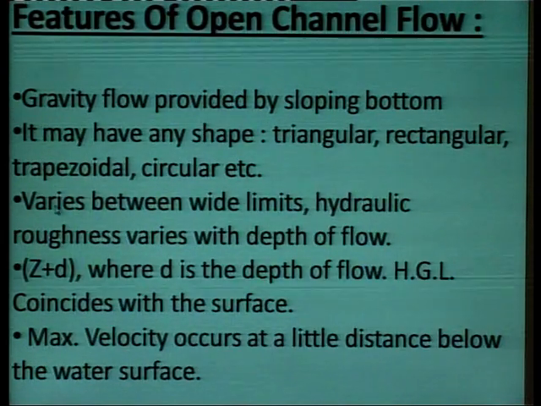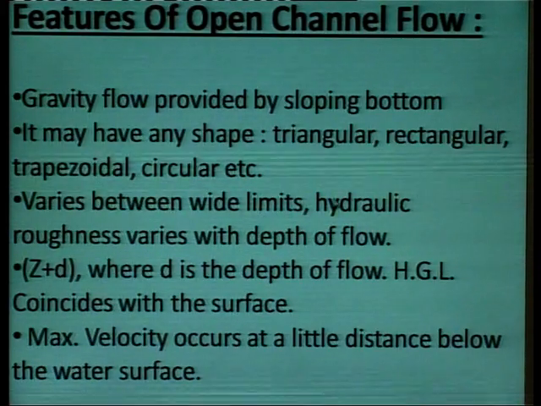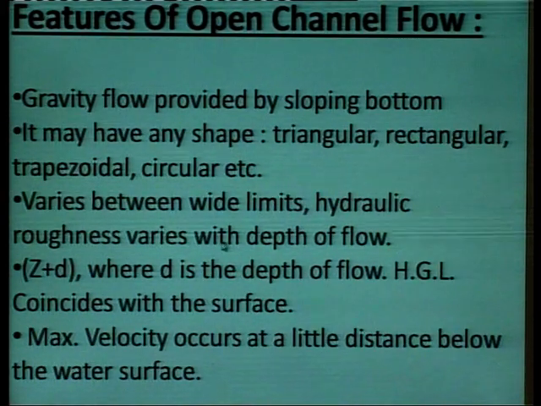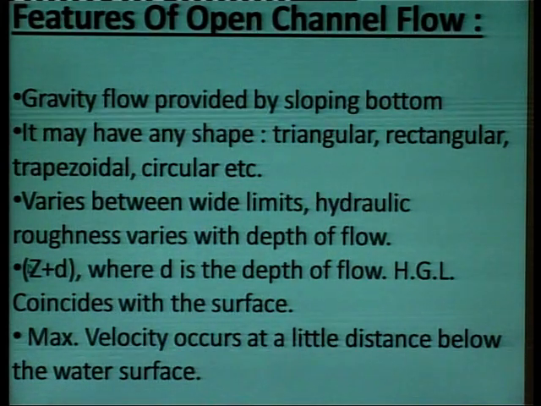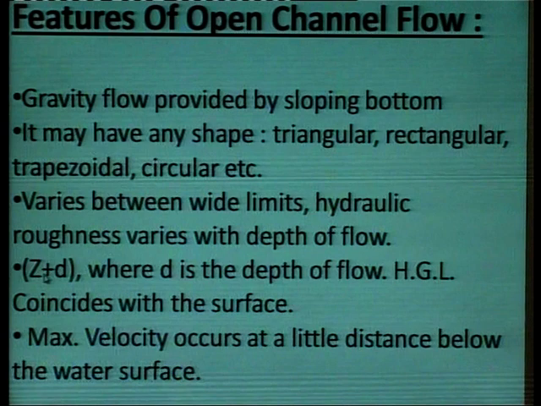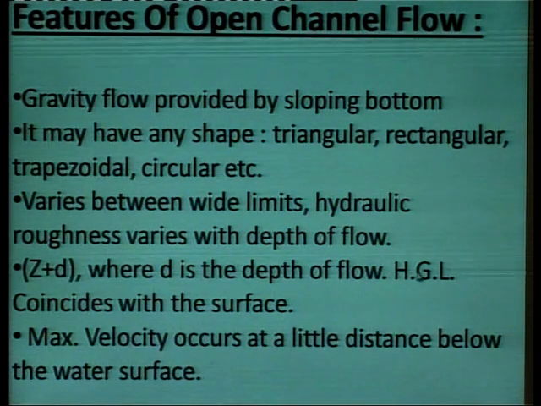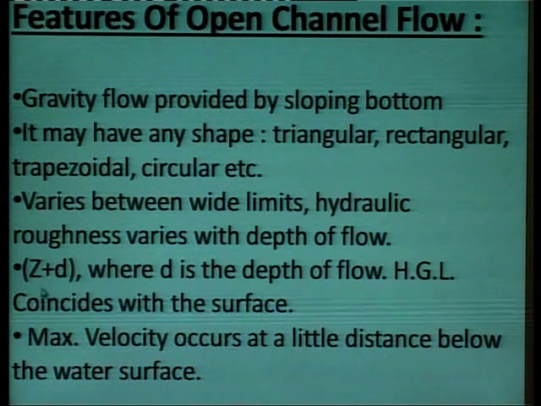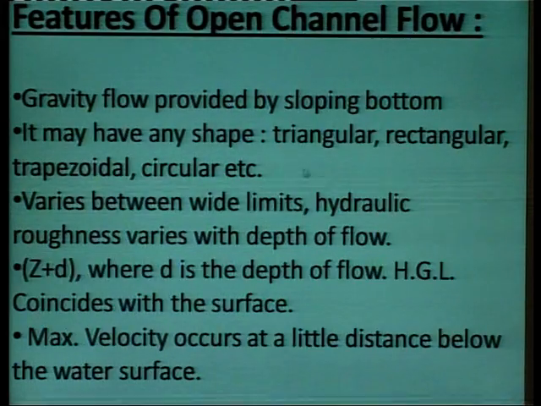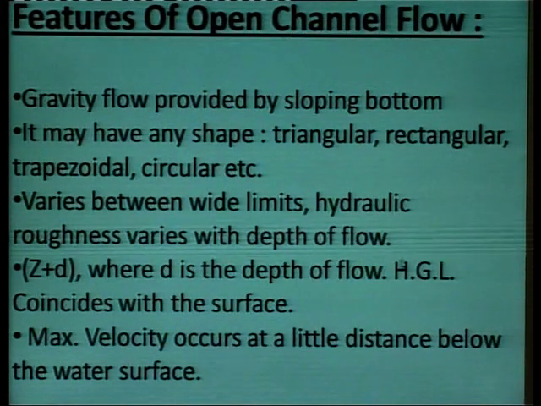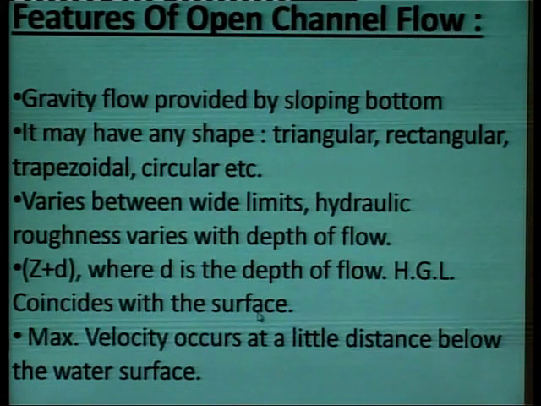The third one is that roughness varies between wide limits. The hydraulic roughness varies with the depth of the flow. And the next one is the datum Z plus D, where D is the depth of the flow, and the hydraulic gradient line coincides with the surface of the water. So, in the case of the open channel, the hydraulic gradient line coincides with the surface of the water.